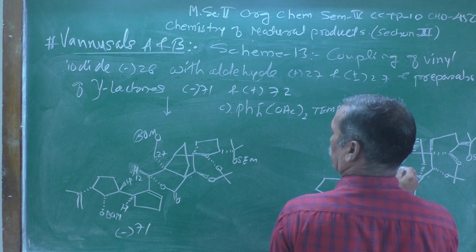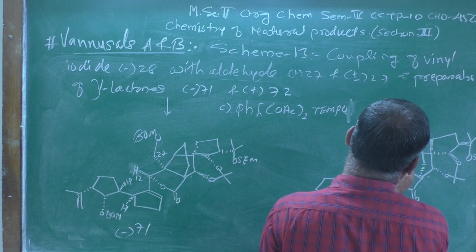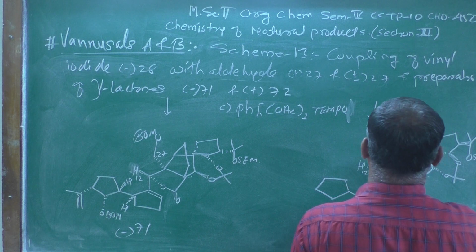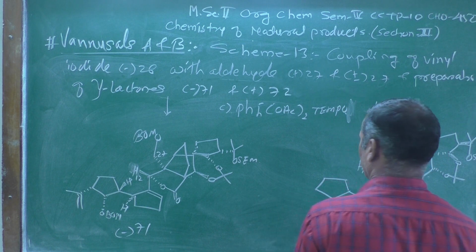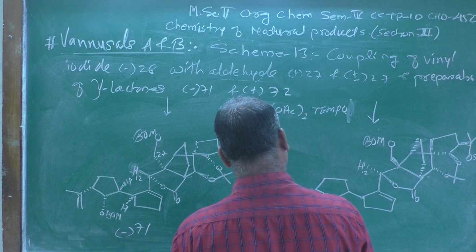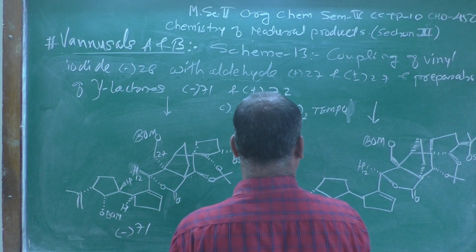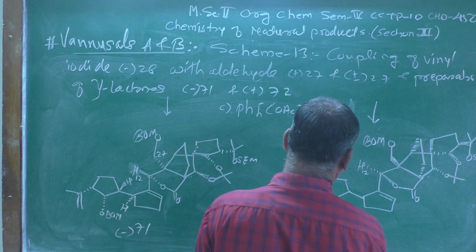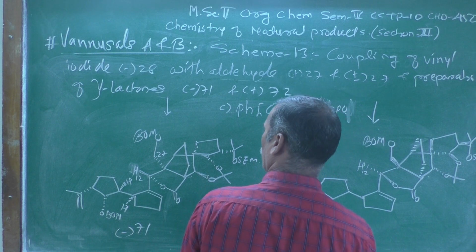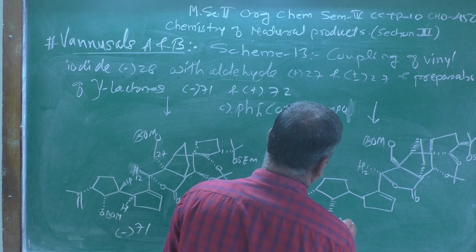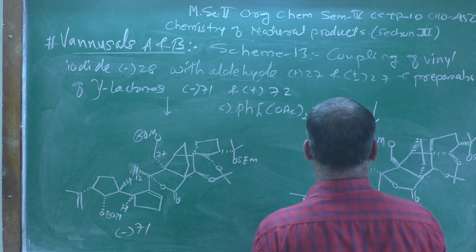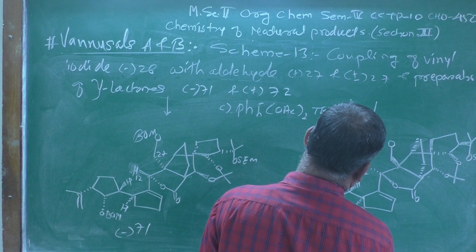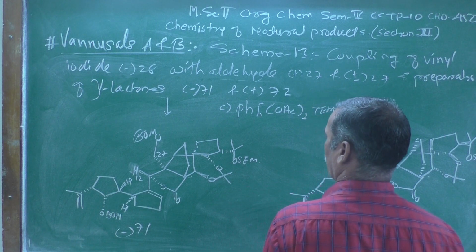H12. Here this group should be above the plane, BOM, and look at here, the rest of the groups remain as they are. Here O-BOM, the hydrogen atom remains as it is. Here the hydrogen atom also remains as it is.